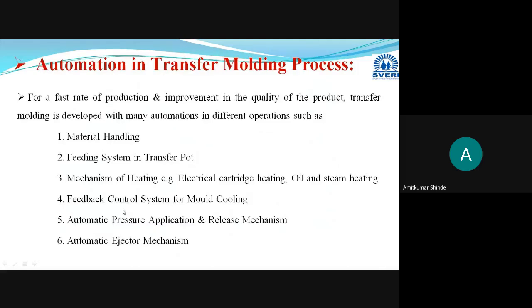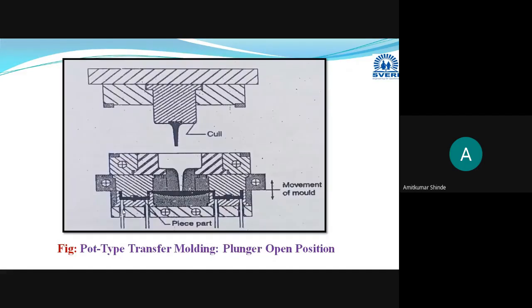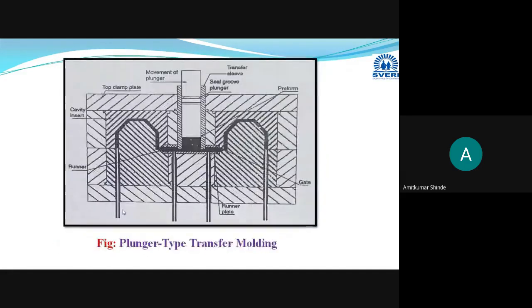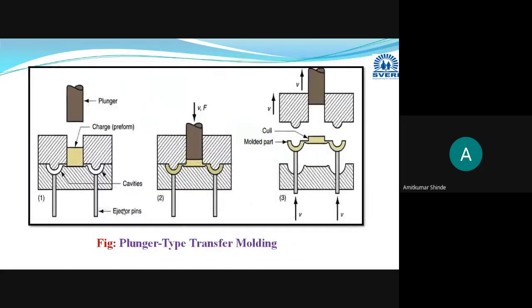We have discussed this. Now here I will explain the two types of plunger with the help of this diagram only. Okay. In the plunger type transfer molding process, the transfer of this charge from this transfer pot into the cavities happens when the plunger movement is in the downward direction.